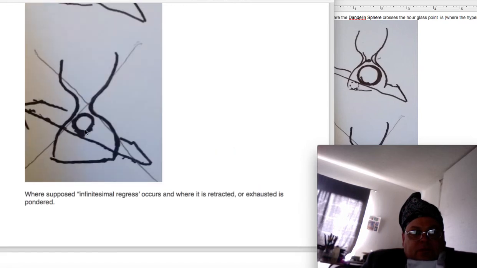And side note by me, the author: if the Dandelin ball rises towards the venturi without having the venturi actually close to an intersection, where it still remains a venturi, you could say that the ball, as it approaches the venturi, becomes infinitesimally small, or in this case, where we suppose infinitesimal regress occurs and where it is retracted or exhausted, it is pondered.